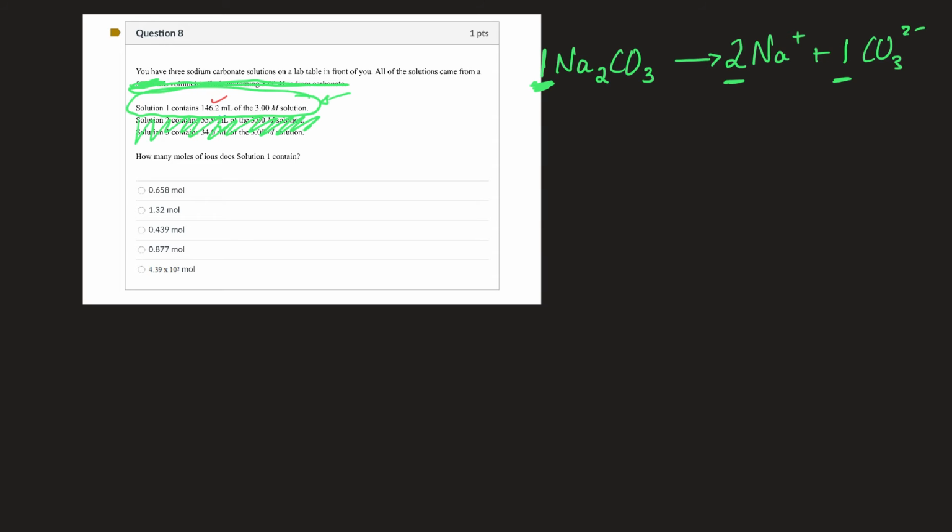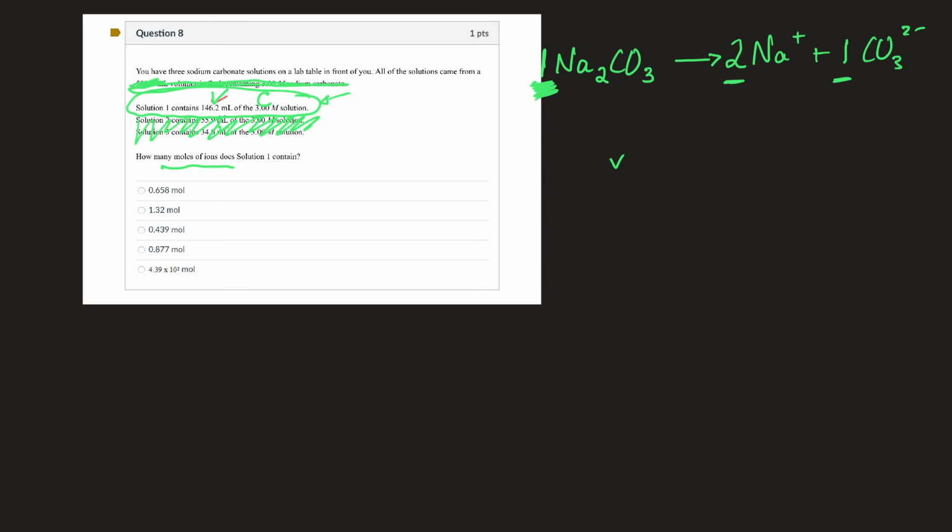So let's figure out how many moles of ions it has. Here I have a volume and I have a concentration. I know my formula that relates moles, concentration, and volume is this. So what I want to do is figure out how many moles, first off, of the sodium carbonate I have. And then I'll figure out how many moles of the other 2 we have.